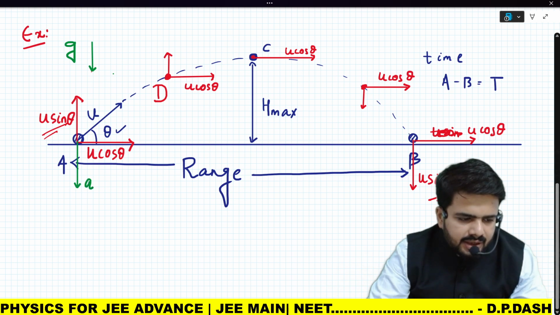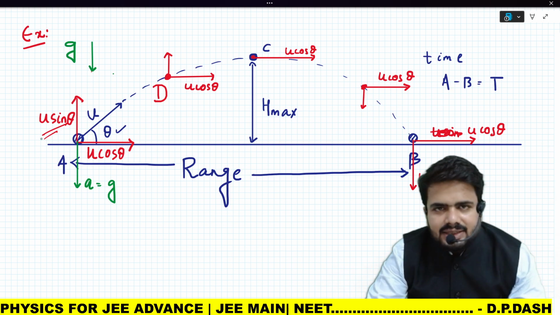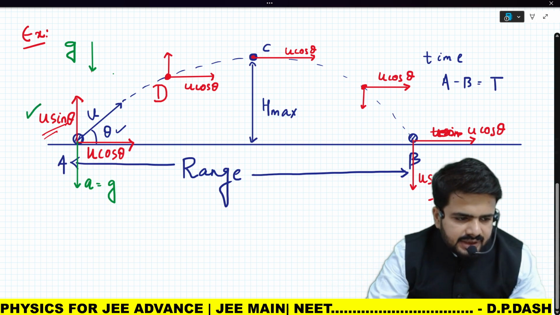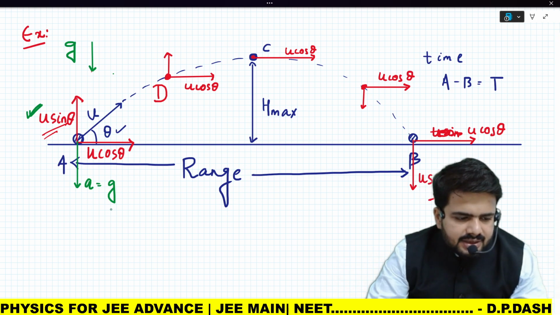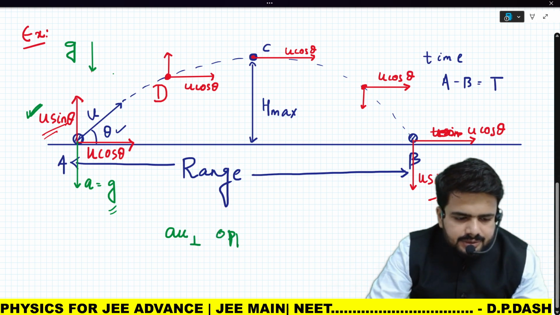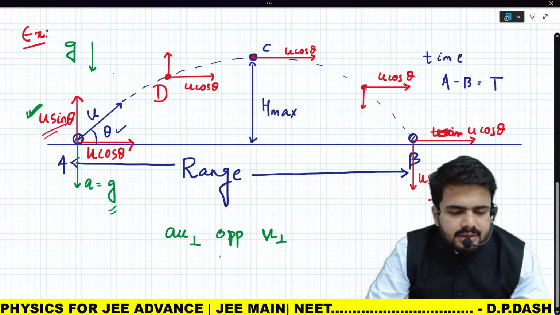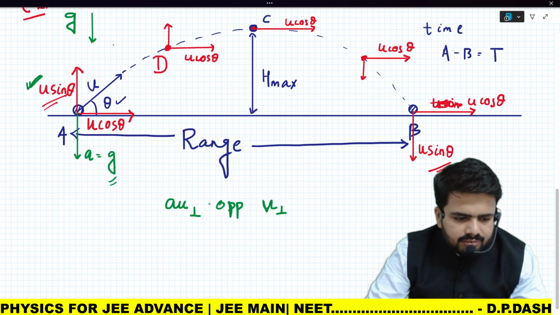As a result, the u sin theta component is initially vertically upward, but the acceleration due to gravity is acting downward. So the acceleration along the vertical is simply opposite to the initial velocity along the vertical. That's why the u sin theta value keeps on decreasing.